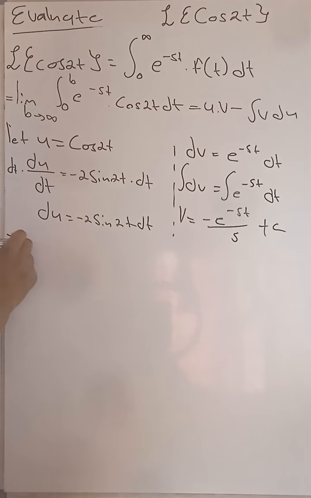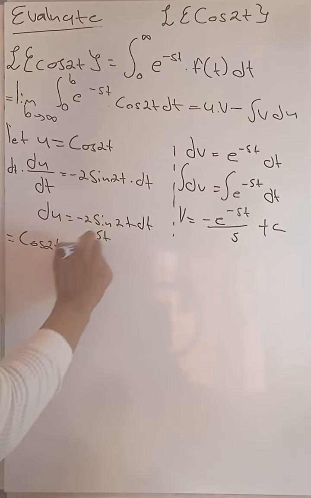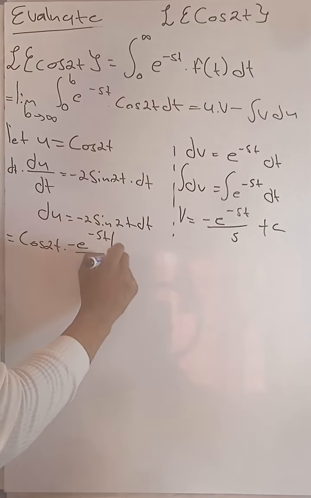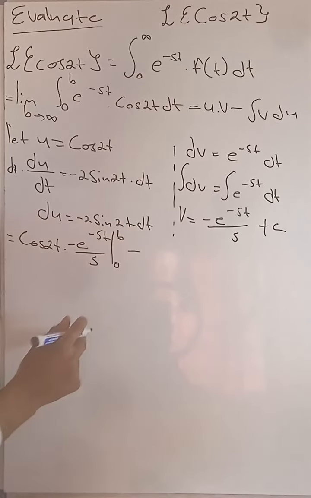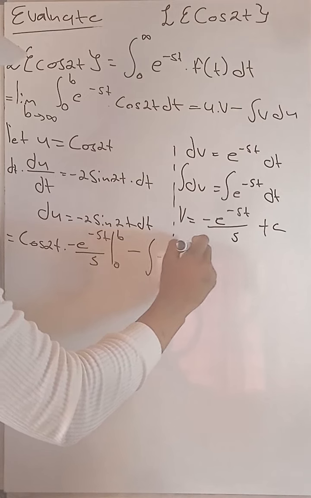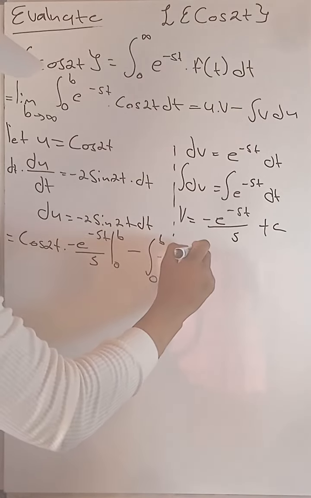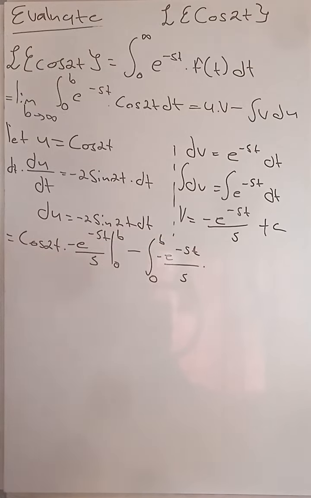What is my u? My u is cos 2t multiplied by minus e^(-st) all over s, with limits 0 all the way to b, minus this integral. What is my v? Minus e^(-st) all over s. But this integral starts from 0 all the way to b also, multiplied by du.